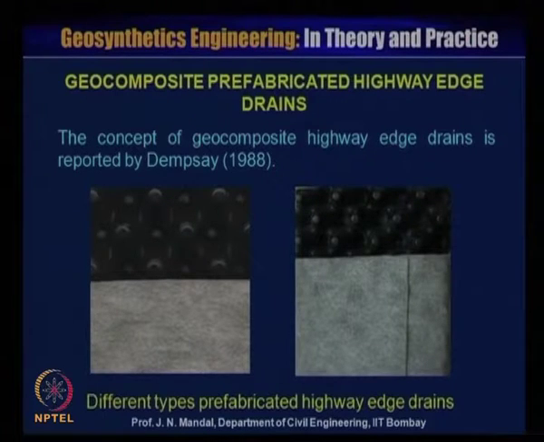So, geocomposite prefabricated highway edge drain. What we do most of the time, as I have explained earlier, is excavate a trench, then place either the woven or non-woven geotextile material, then fill up with the aggregate and wrap it, and use it as a drainage material for both sides of the road, which can be clogging free.